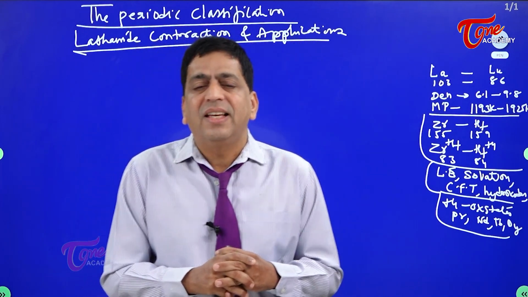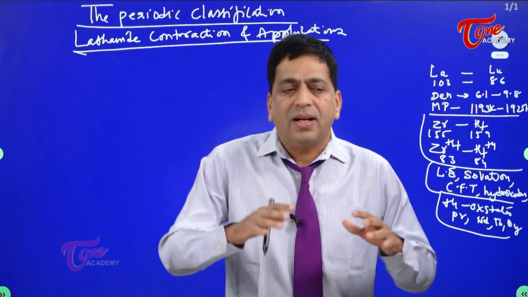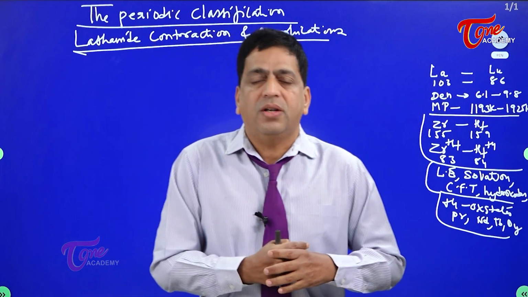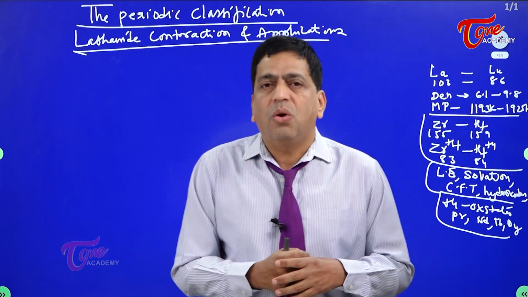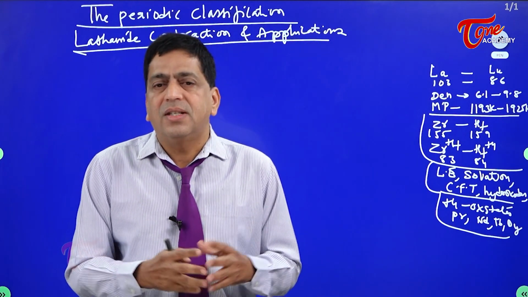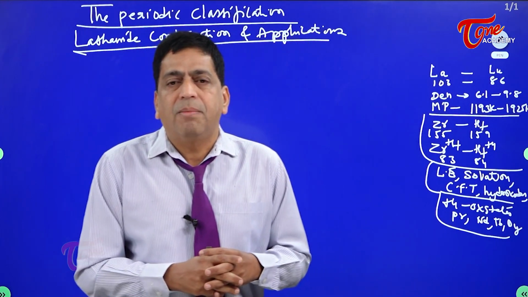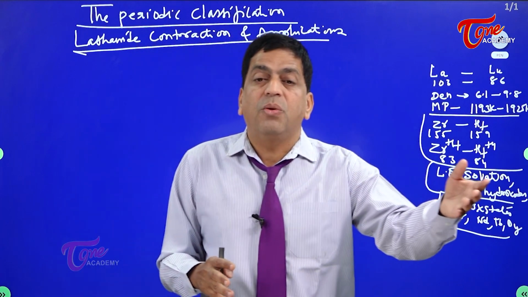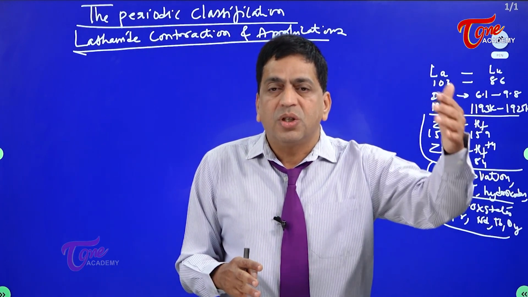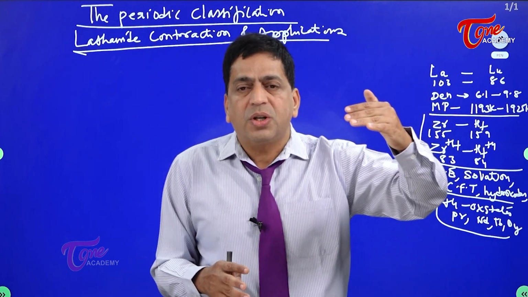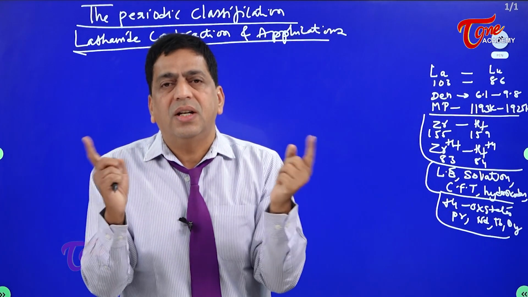The second thing is, there are certain properties which repeat themselves at regular intervals in the periodic table. And such properties are called periodic properties. And we were discussing several periodic properties, and ultimately they also depend upon the atomic radii. In the first place, we have defined atomic radii, and then we have seen the trends of atomic radii, how it varies in a period and a group.